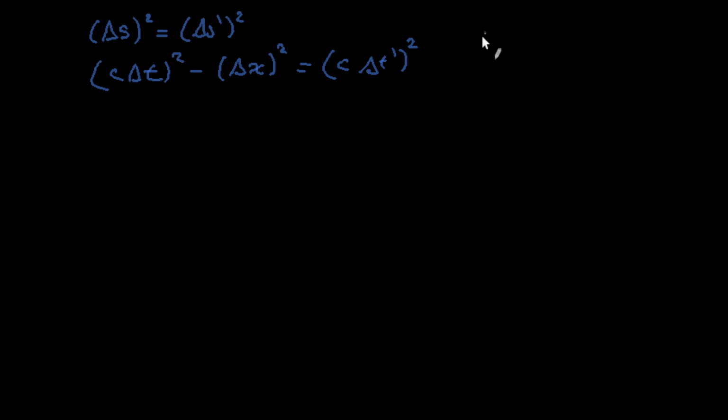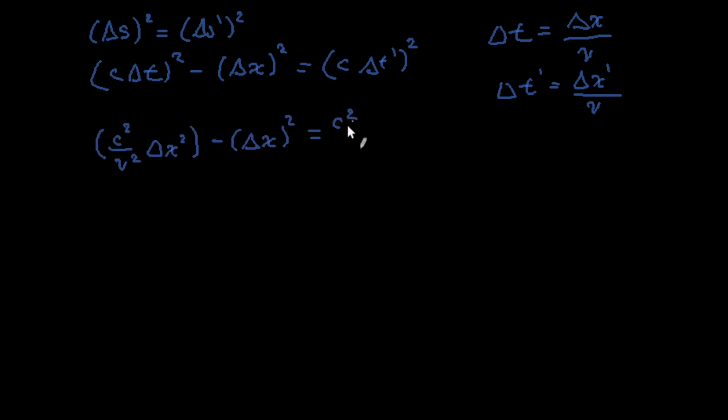So now we can depart slightly from what we did earlier, and we can make the substitutions that delta t equals delta x, the length of the rod as measured in the frame co-moving with it, divided by the velocity. And that delta t prime equals delta x prime, the length as measured in the lab frame, divided by the same velocity, since the two frames have the same magnitude of relative velocity. Equals c squared over v squared delta x prime all squared.